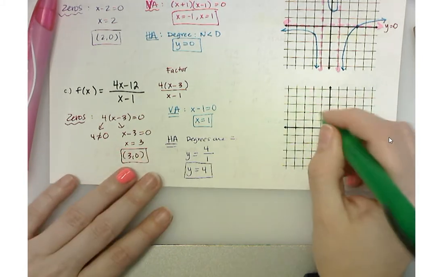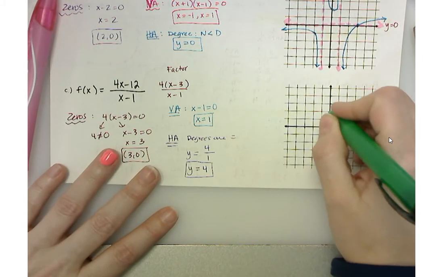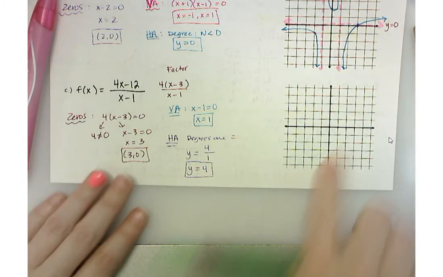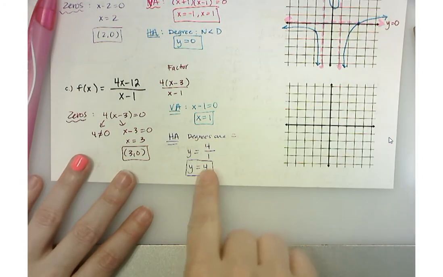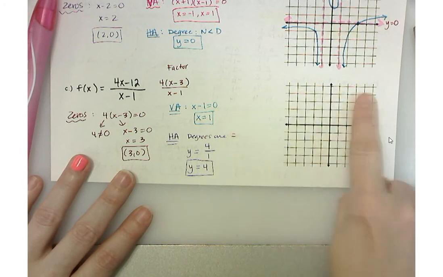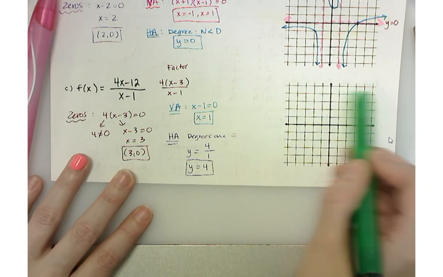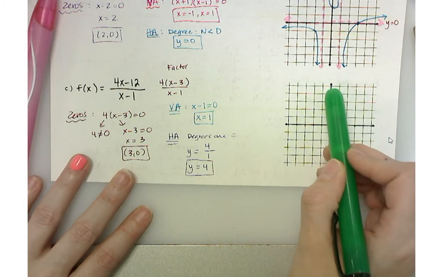And then x equals 1. All right, so whenever you have the cross, the T, that is going to be one of the 2 branches.